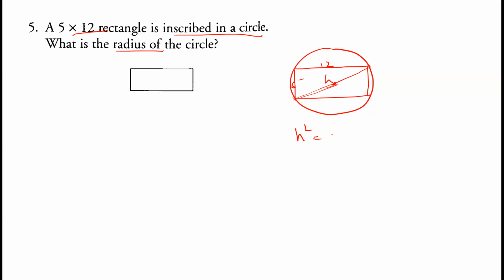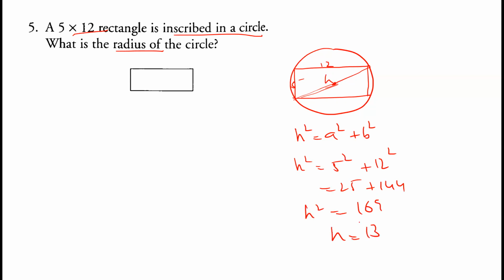So h square equals a square plus b square. H square equals 5 square plus 12 square, that is 25 plus 144, 169. So h square is 169, h would be 13. So the length of this diagonal is 13, or the diameter is 13. So the radius would be d upon 2, that is half of this diameter, that is 13 by 2, which is 6.5.